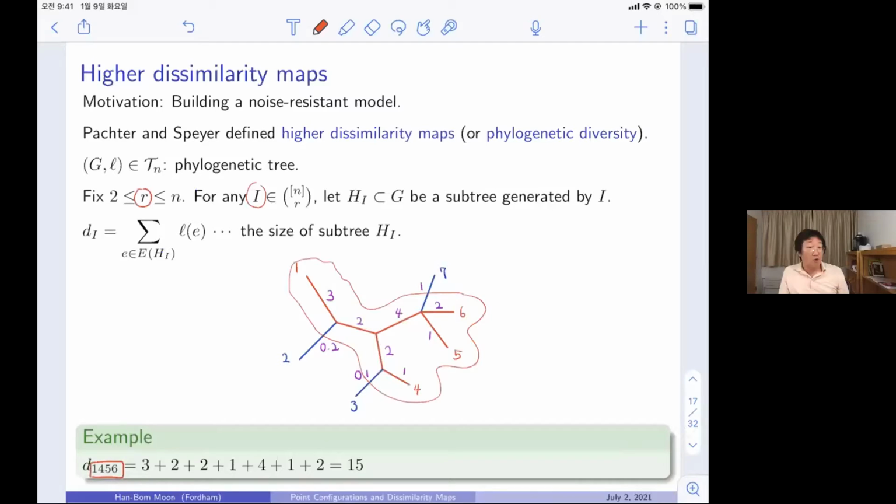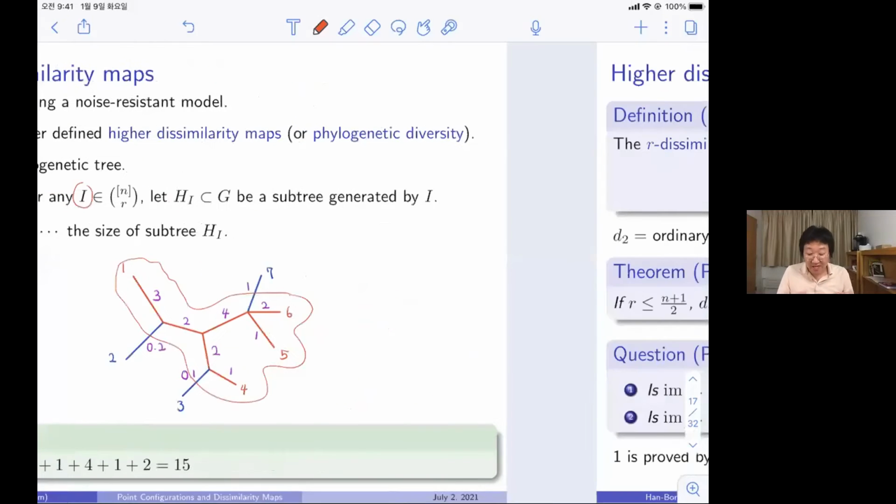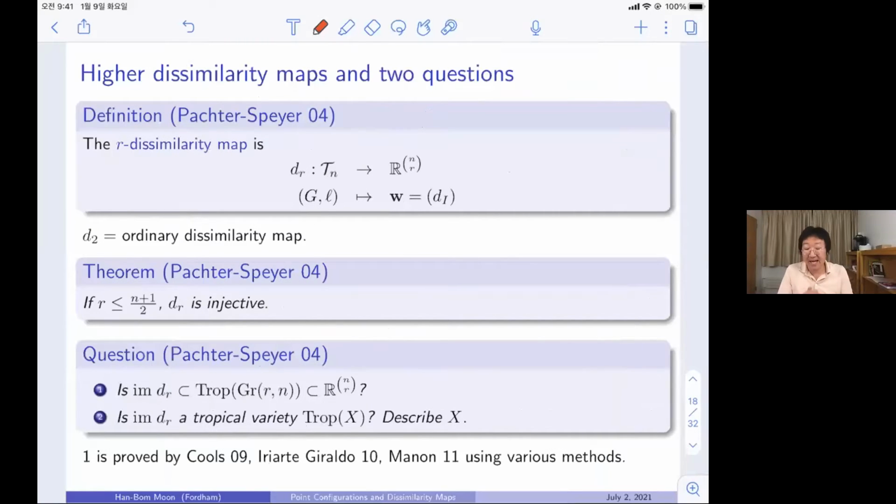Of course, we can do the same job for any r-subset of the set of leaves. Then we can make a higher dissimilarity map. The r-dissimilarity map is defined as follows. Take a metric tree T. Then we collect all of the d_I, the size of the subtree generated by an r-set I. We use all of them, then we get a finite length vector.